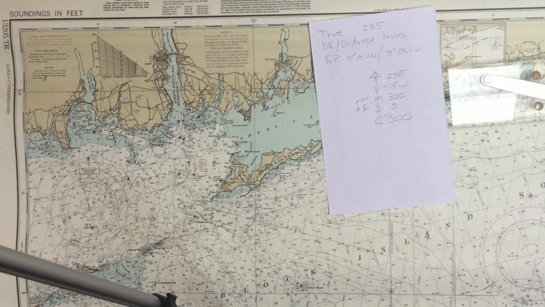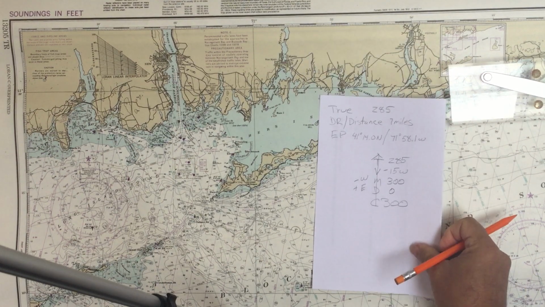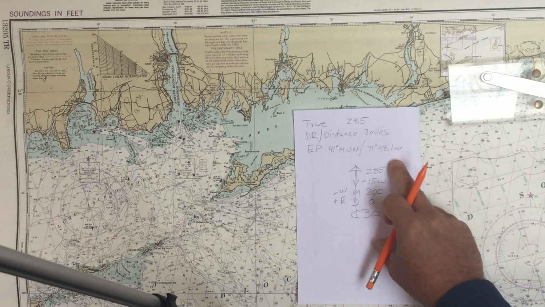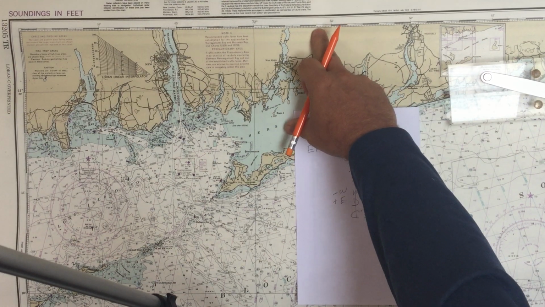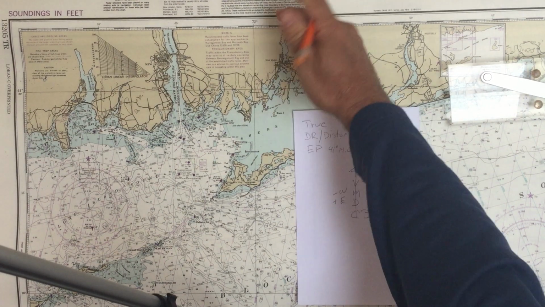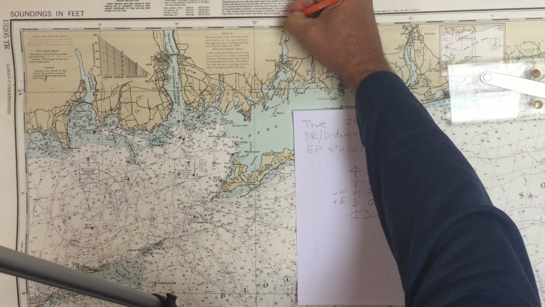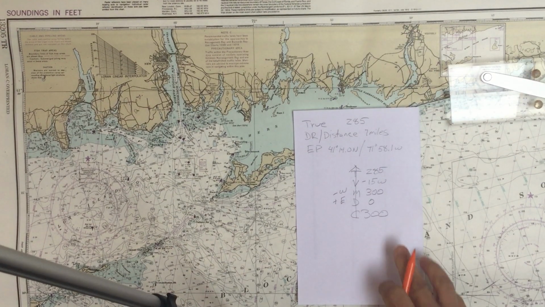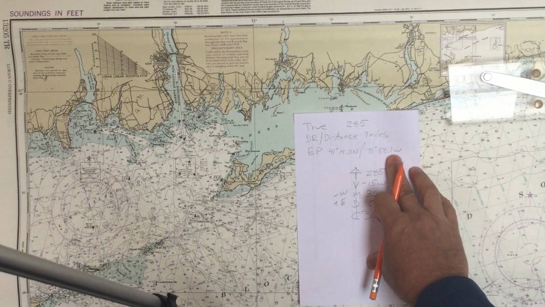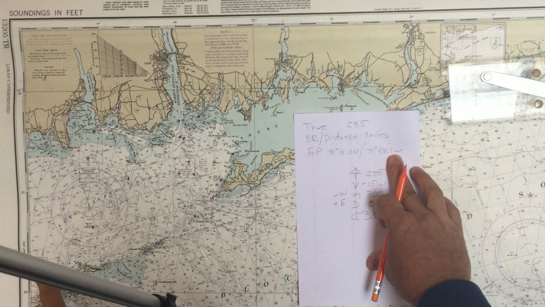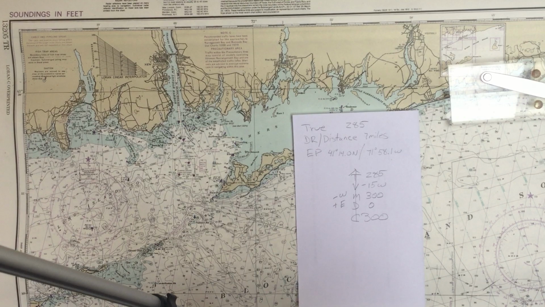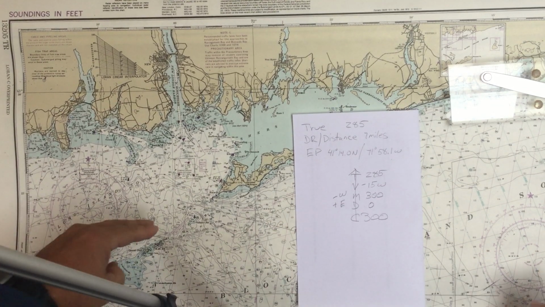And now I'm going to plot my ending position. So 71, 58.1. Well, here's 55, 56, 57, 58.1. I'll maybe make a little mark right there. And 41 14 degrees, which you can't see. I could do it over here. Okay, 41 14, but I can do it on either side of the chart.